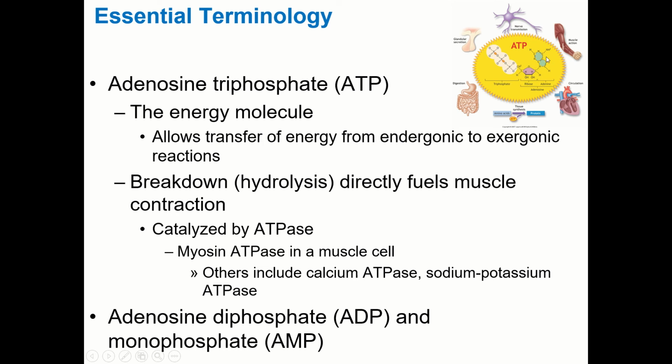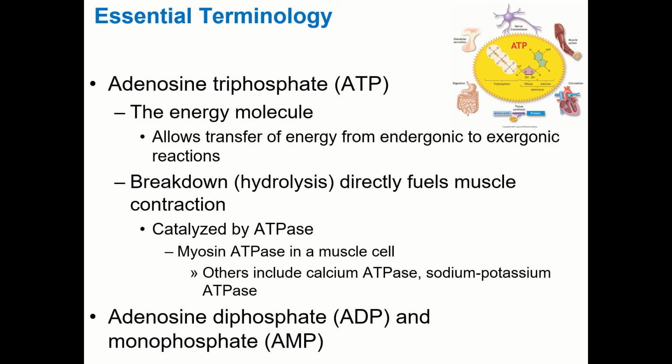And then if we split this other high energy bond here, then what we're left with is adenosine monophosphate. Mono meaning 1, like a monorail only has 1 rail. And so that little adenosine backbone only has 1 phosphate attached to it, so that's adenosine monophosphate, or AMP. Now, while we can split off that second phosphate, the body prefers not to do that.